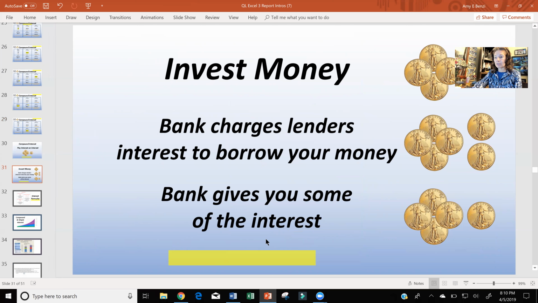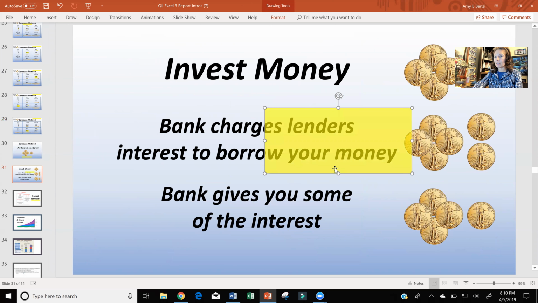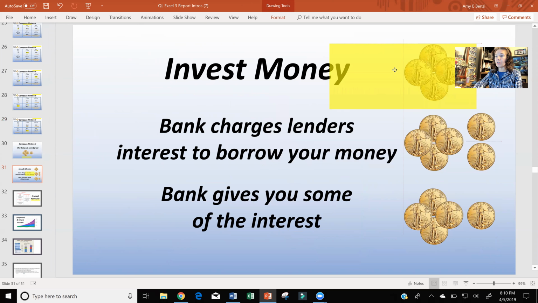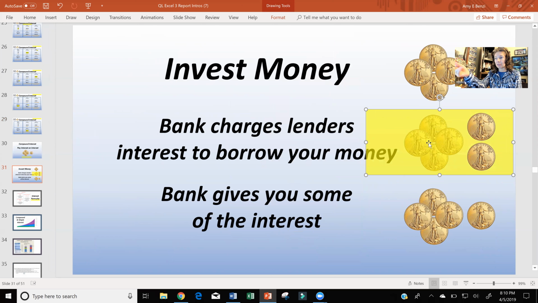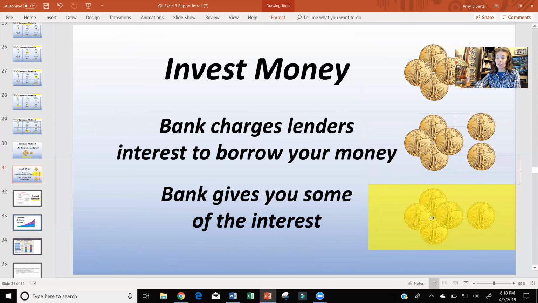So if you look at this little thing that I've written here, say you invested $4 into the bank. The bank turned around and loaned your money out. The way I have this set up, this would be for 50% interest. And then the bank keeps 25% of that and gives you the other 25.